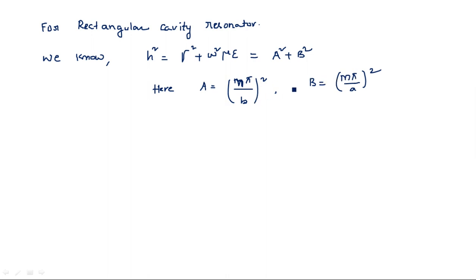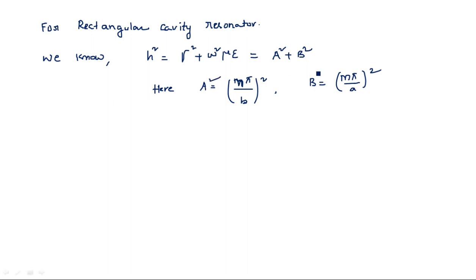We have already derived this concept in the rectangular waveguides. We need not recall it because it becomes a large equation. For the calculation of resonant frequency, taking directly what h square is and what a and b are is sufficient.